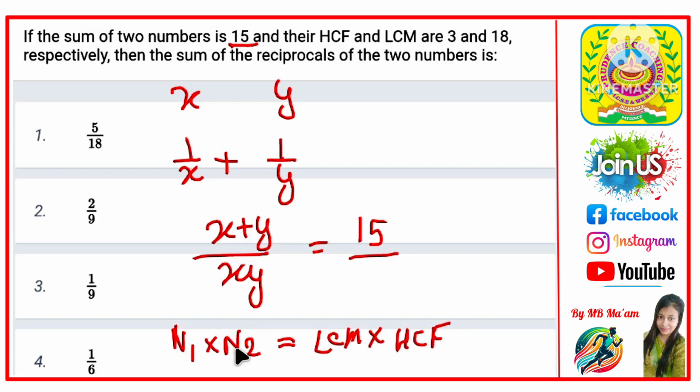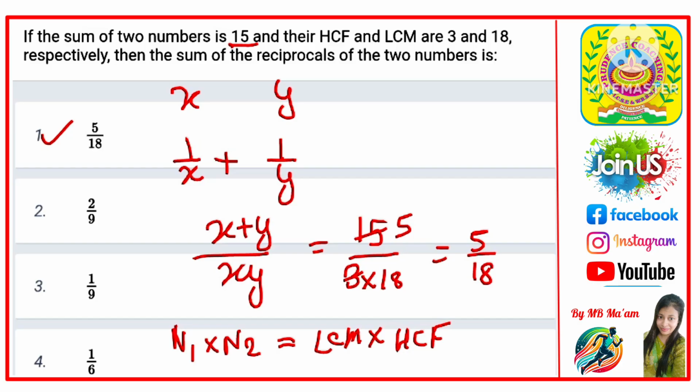So n1 into n2 is just LCM into HCF, that is 3 into 18 over here. Now if we cancel by 3, we get 3 fives are 15. So 5 by 18, that is option number 1, will be our correct answer.